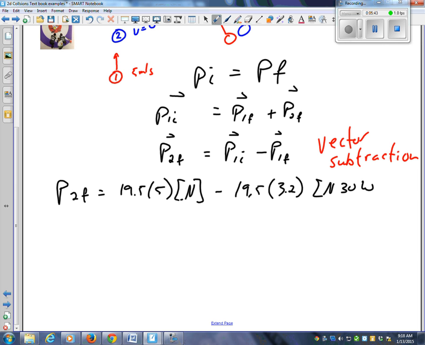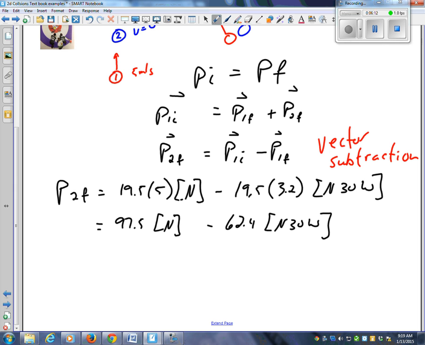And the reason I did that is I just wanted to show you what vectors we're subtracting. Okay? And that multiplies out to 97.5 north minus 62.4 north 30 west. And now it literally becomes a straightforward Unit 1 vector subtraction question.